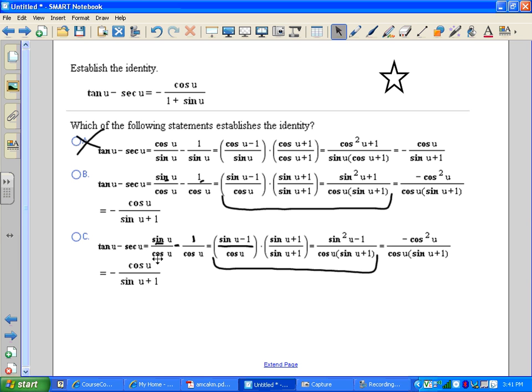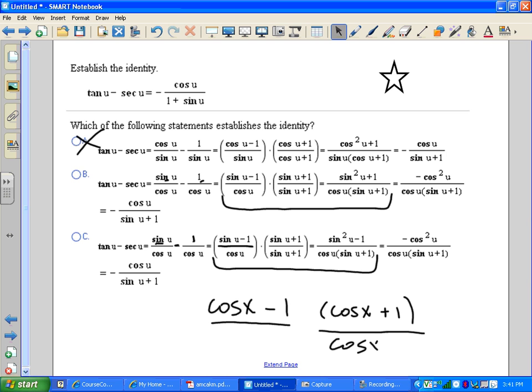When I see something like cosine of x minus 1 over something, really wouldn't matter, what I can do there is multiply by the conjugate, which would be cosine of x plus 1. And so the only thing is I would have to do this to the denominator also.